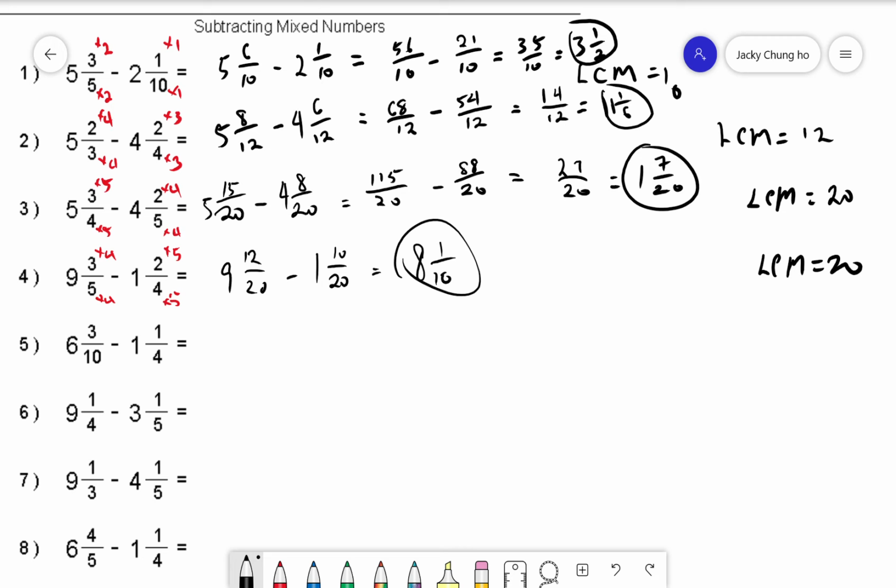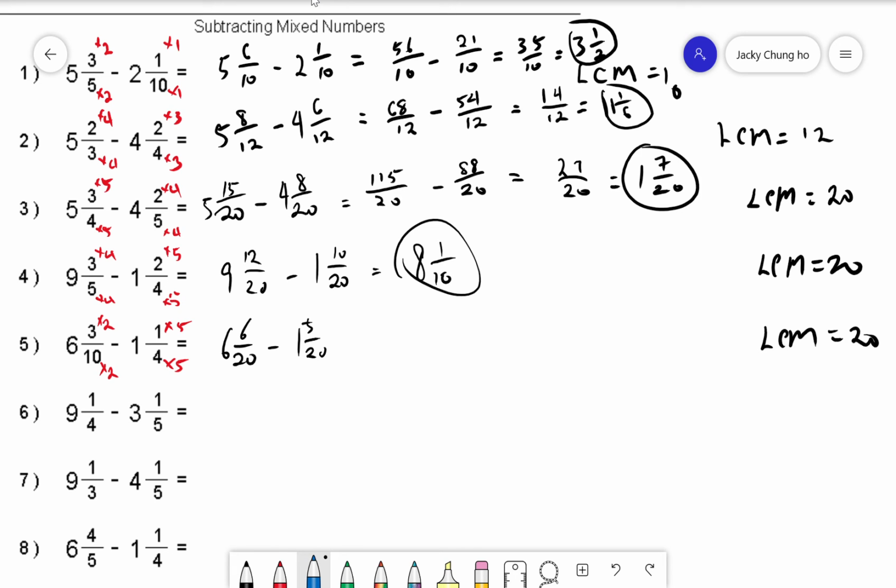Number 5, between 10 and 4, the LCM is also 20. For the first fraction, you have to multiply by 2. For the second fraction, you have to multiply by 5. So this will be 6 and 6 over 20 minus 1 and 5 over 20. Now, what I try to do is not do the improper fractions, but I will just subtract as it is.